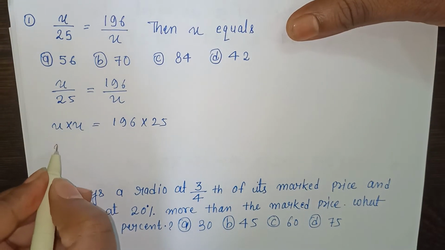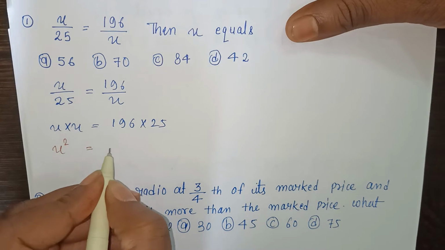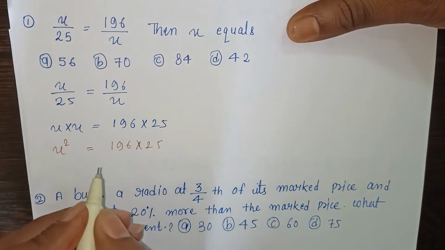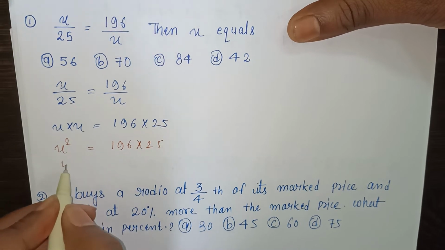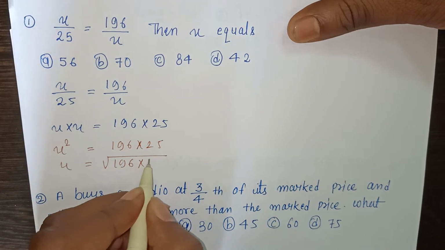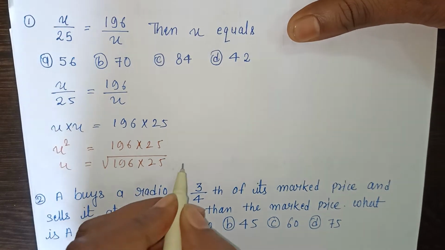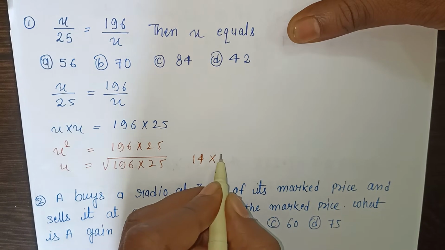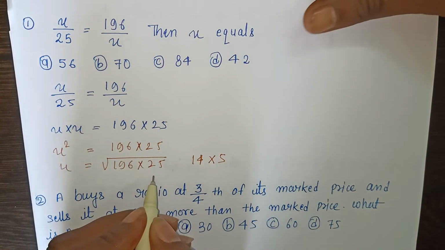Now it becomes x square equals 196 multiply 25, then x is equal to under root 196 times 25. 196 is 14 square, and 25 is 5 square.